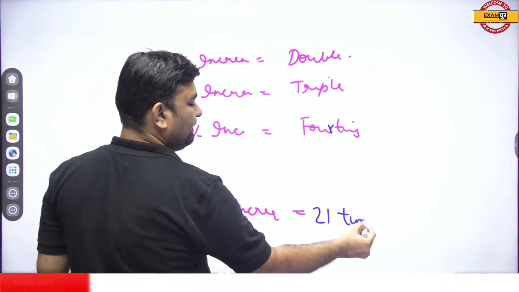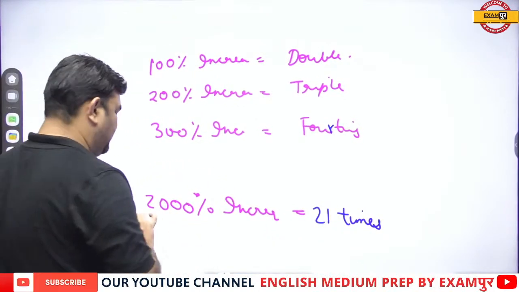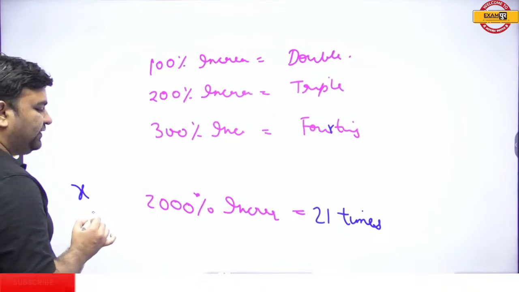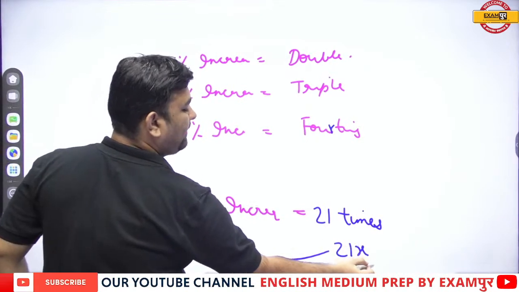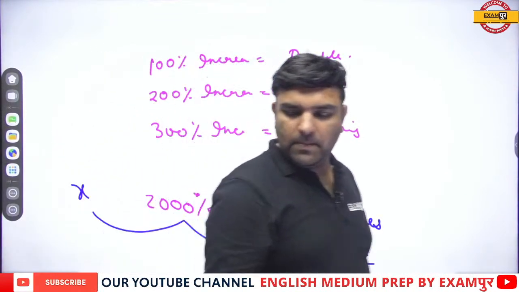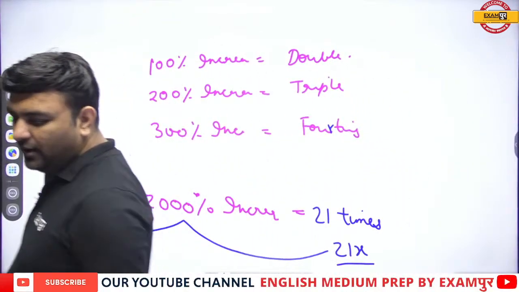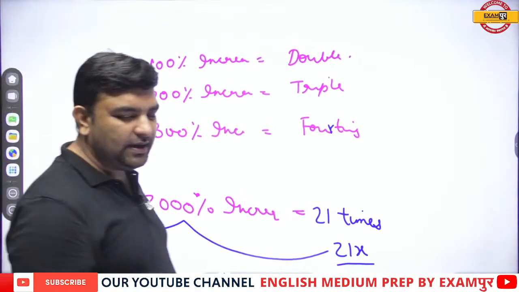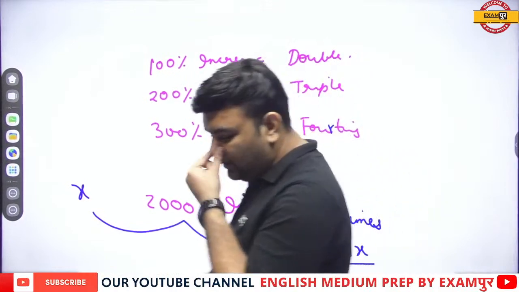If the initial value was X, then after a 2000% increment, it will become 21X. Clear, guys? Is this logic clear? Please make a very good note of it.